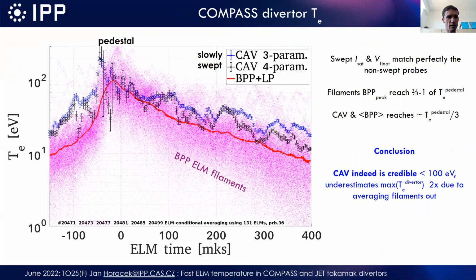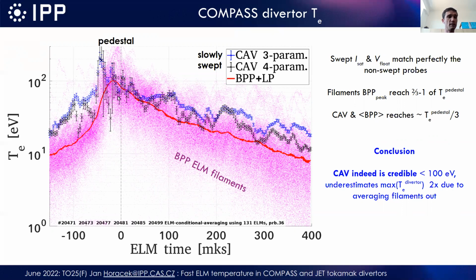This is dozens or hundreds of microseconds in this case. The blue and black lines, depending on whether we use 3 or 4 parameter fitting, come from the swept probes, conditionally averaged, and are compared with these violet dots. Every dot comes from a different ELM, a different filament, every 1 microsecond. If we average all these purple dots, we get this red line, and you can see that it is very well comparable.